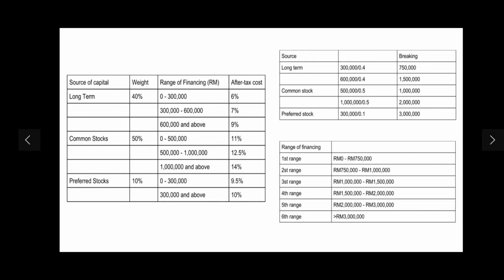Second, 750,000 to 1 million. Third, 1 million to 1.5 million. Fourth, 1.5 million to 2 million. Fifth, 2 million to 3 million. And the last one, above 3 million.